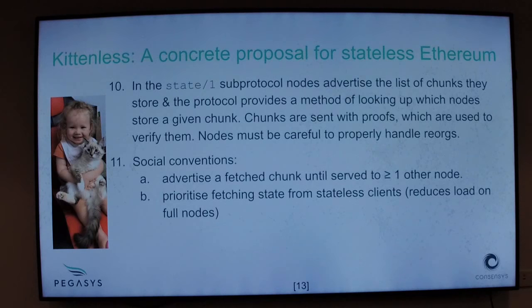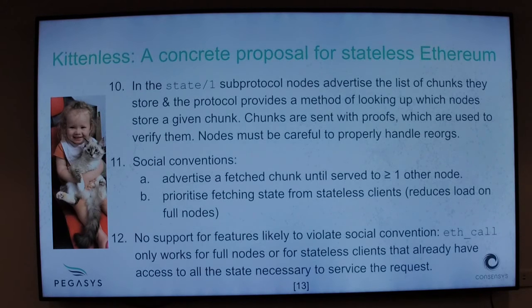And you prioritize your fetching, and that is where that topology one we saw from Griffin probably holds true, in that we're saying here we prioritize fetching state from stateless clients rather than going to the full nodes, because you can imagine that if we've got a few full nodes and everyone is asking for state from the full nodes, then that's going to be a big problem.